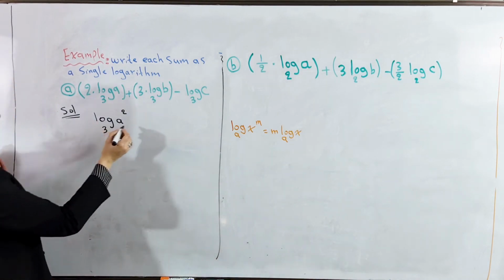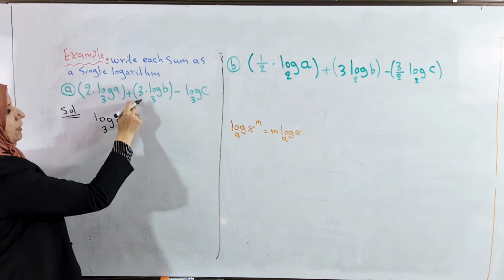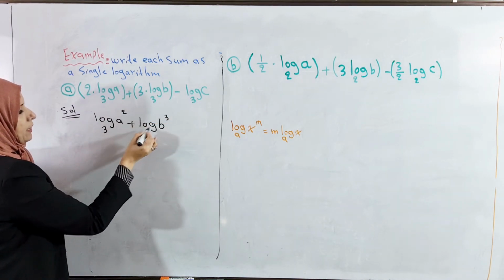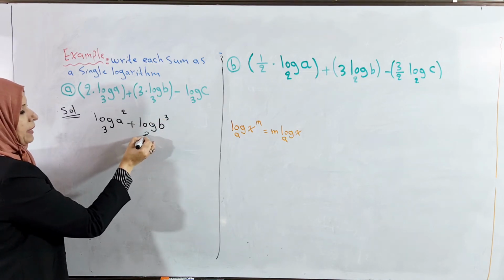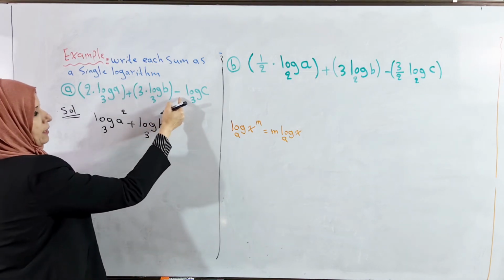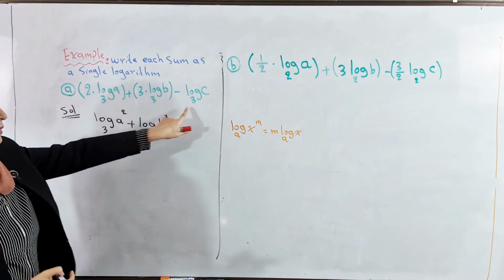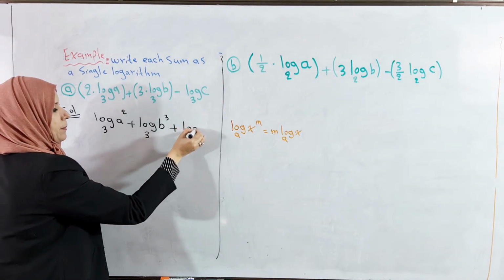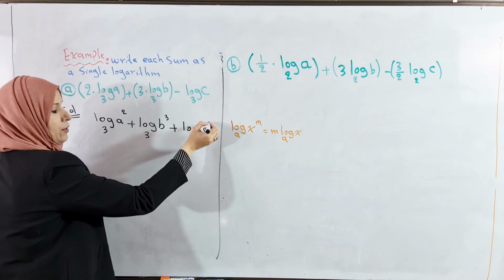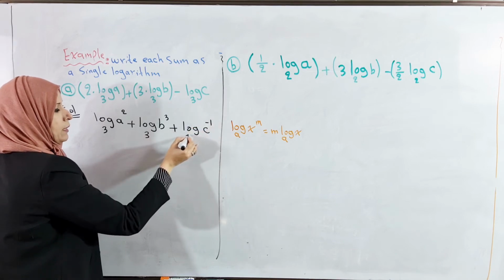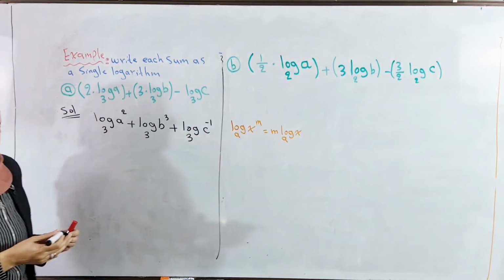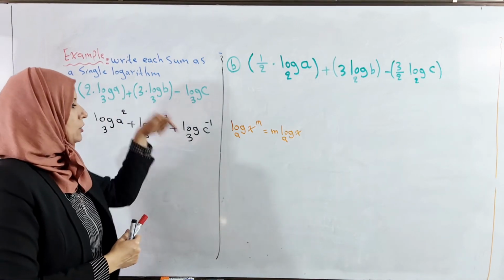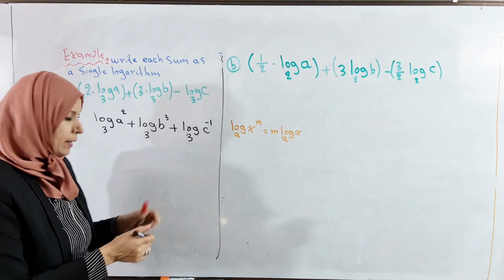Now we will complete it with plus, the same idea: logarithm b for exponent 3 and base 3. Negative logarithm c for base 3 we can write as plus logarithm c for exponent negative 1 for base 3. This negative in front of the logarithm we considered as negative 1 and made it an exponent of c.